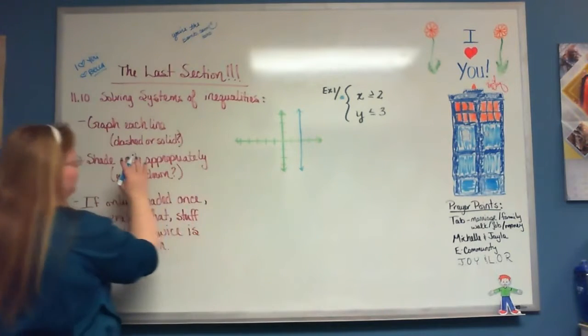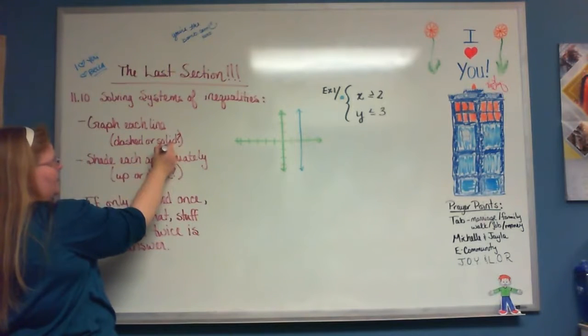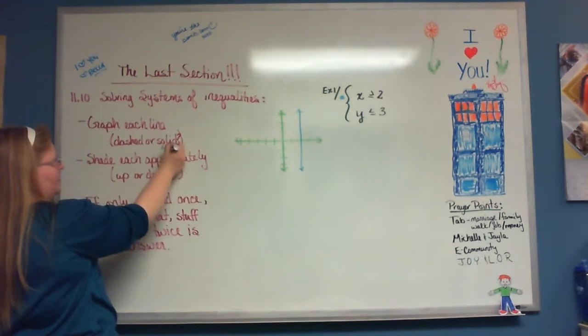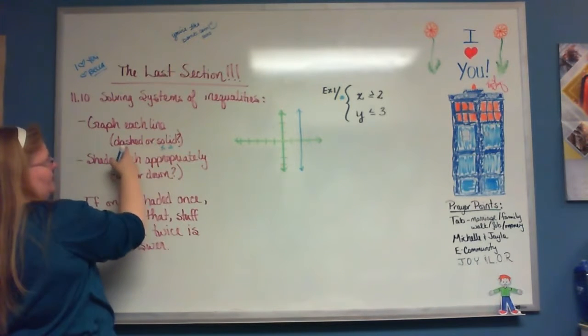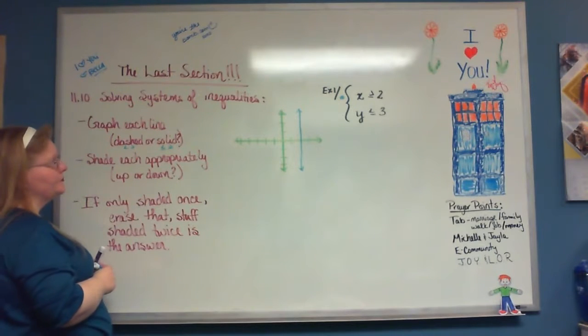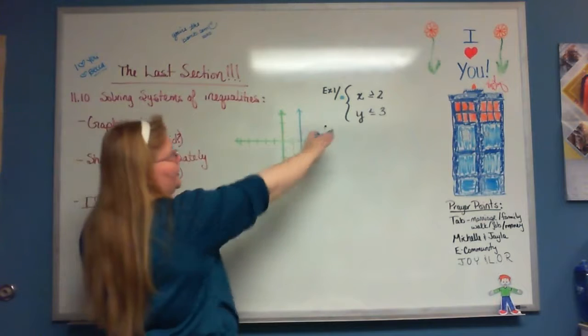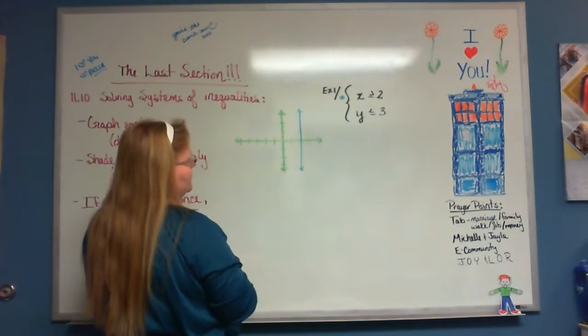If it's solid, then it's going to have the symbol less than or equal to or greater than or equal to. It's got that little equal to sign in it. If it's dashed, then it's less than or greater than. That's how you know. So over here, this one has that little equal to sign, so it's going to have to be solid.